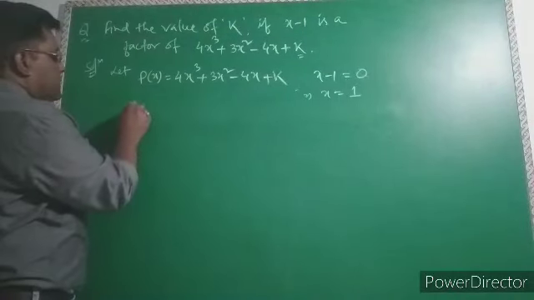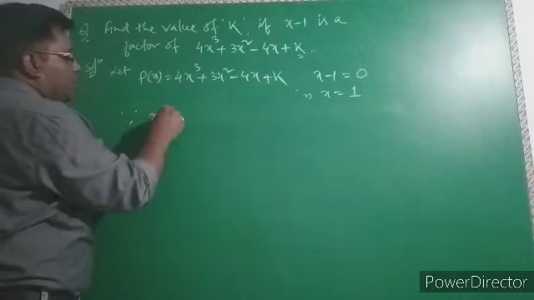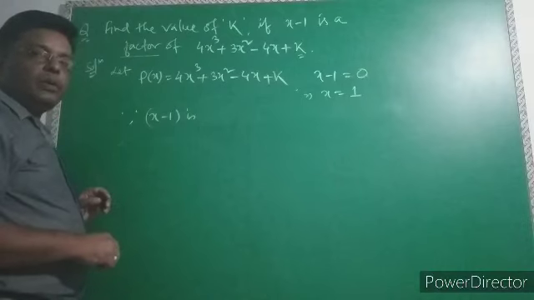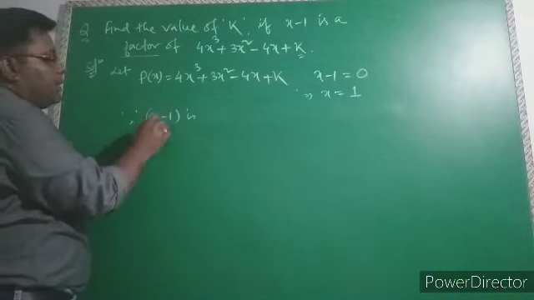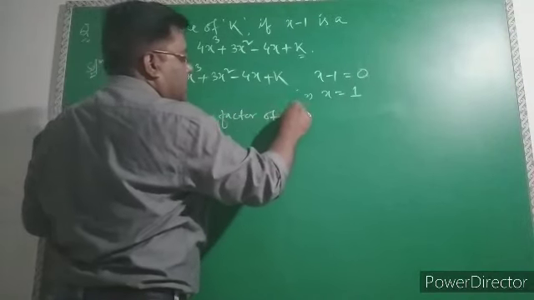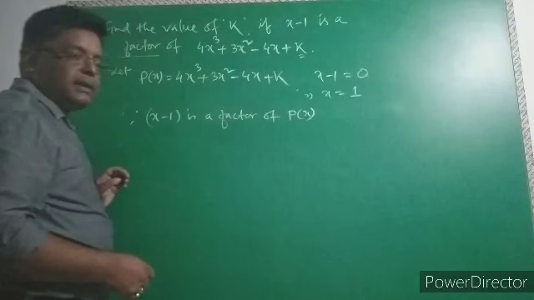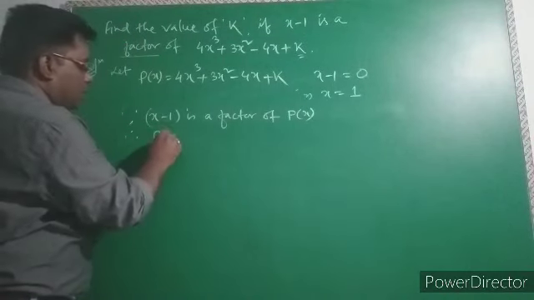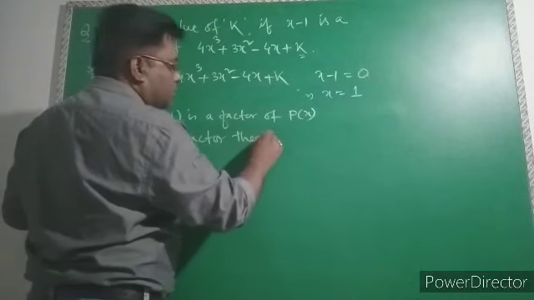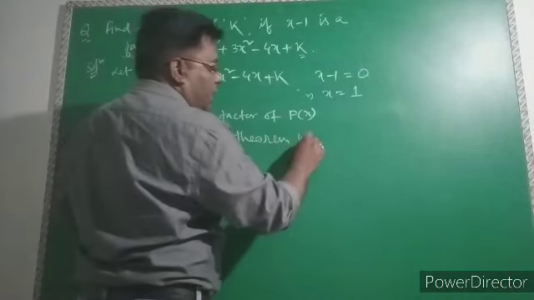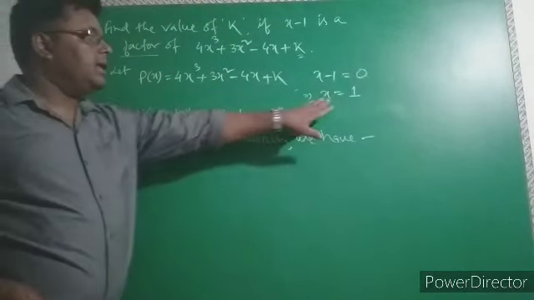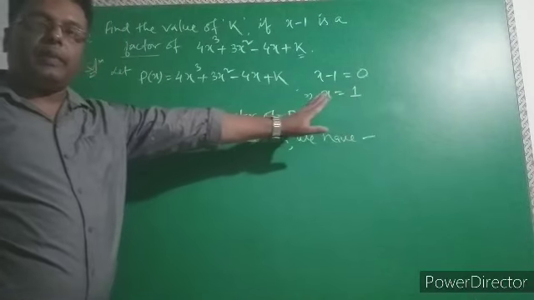Since x minus 1 is a factor of p(x), therefore by the factor theorem we have x equal to a, here 1. In place of a it is 1.